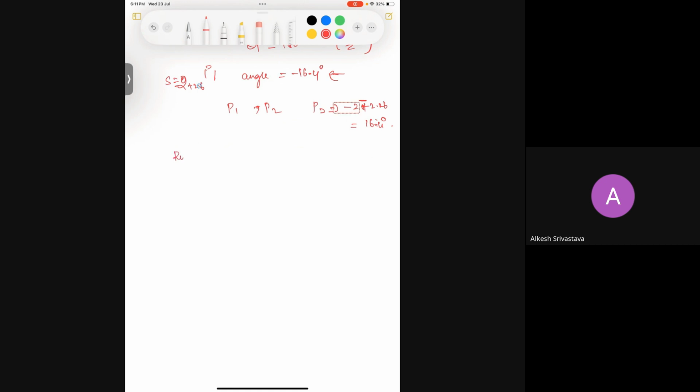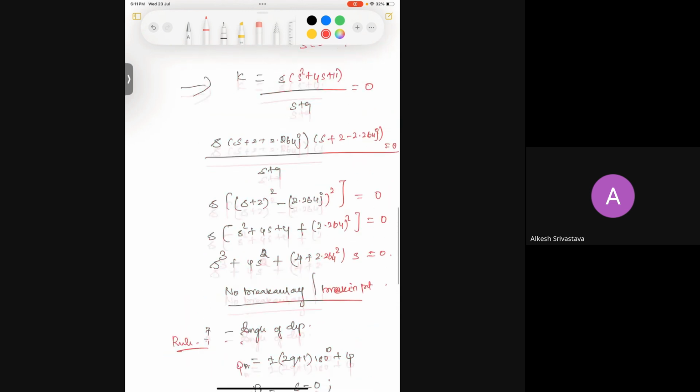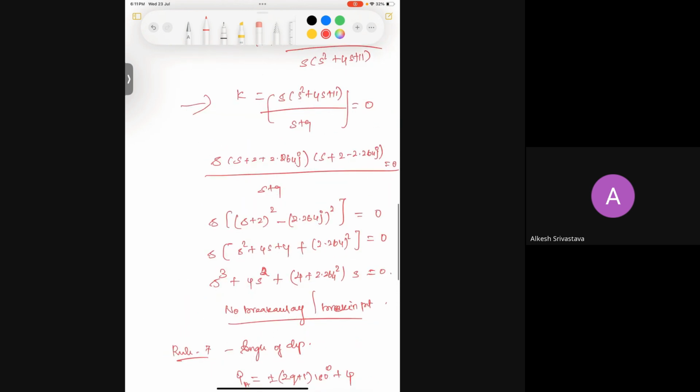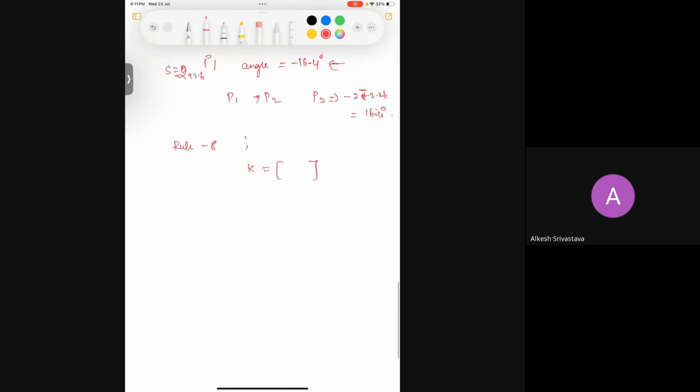And rule 8 is that at what point it is going to cross. We have already calculated this value, right? K equal to here. Just take this equation and equate it to 0. Find the characteristic equation and do the Routh array stability and look for what values of K it is going to 0.